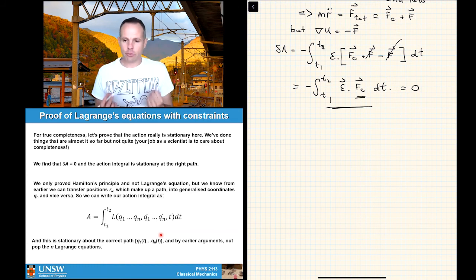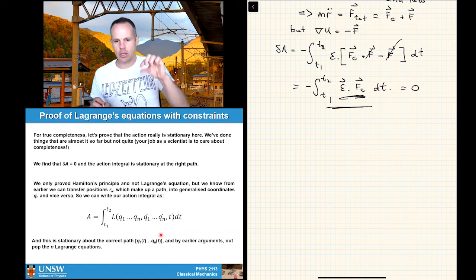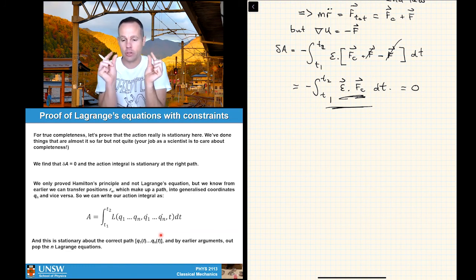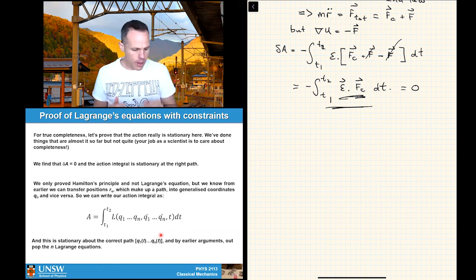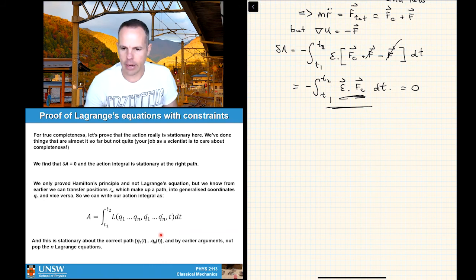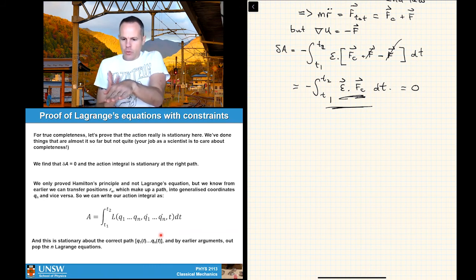If we have constraint forces, this term in here is not immediately obviously 0 because epsilon is heading to 0 but it's infinitesimal, right? And Fc is not 0 because there's a constraint force. But the interesting thing to think about here is your constraint force is always going to be perpendicular to the plane of constrained motion, right?